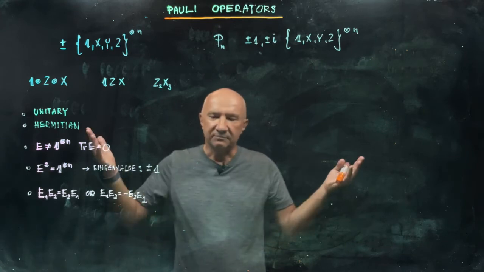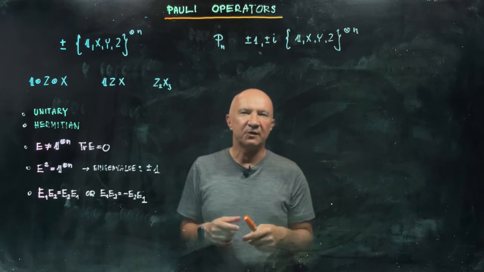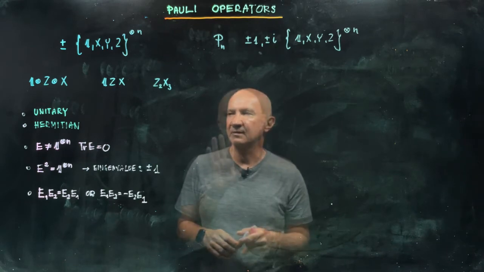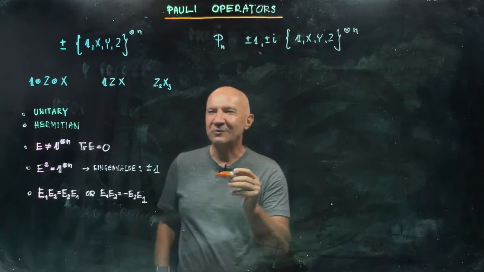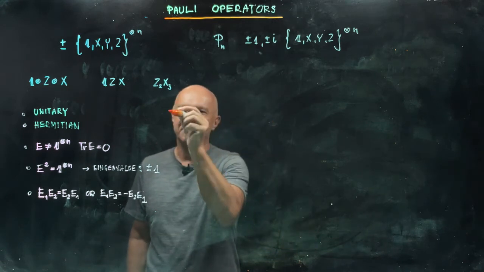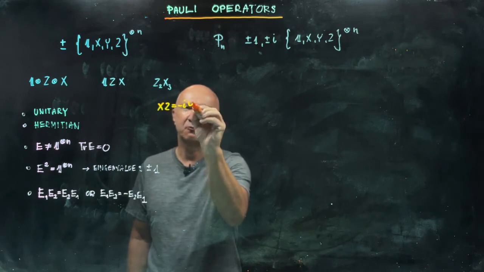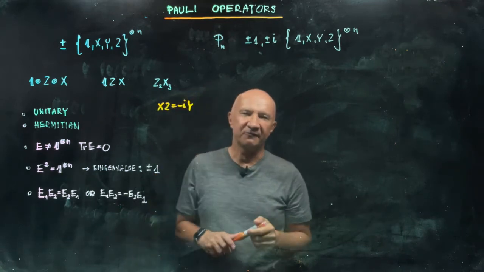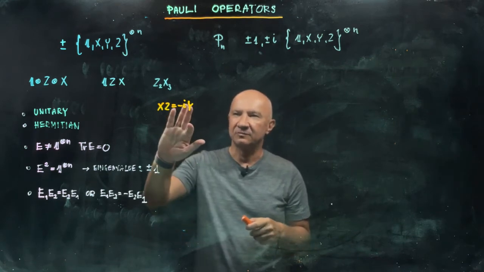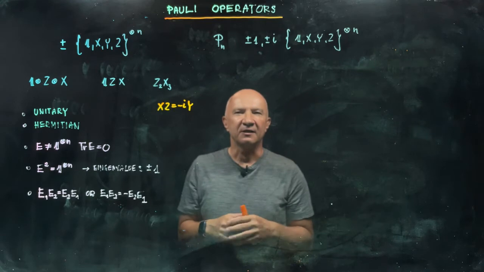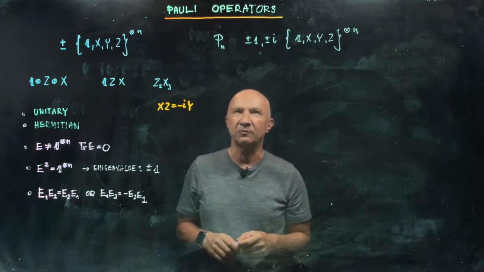So Pauli operators have a number of interesting mathematical properties. For example, we're not going to go into all details, but if you multiply 2 Pauli operators, you'll get almost another Pauli operator. I say almost because if you multiply, say, X and Z, you'll get minus i Y. So there's this phase factor that you have to take into account, plus i or minus i, if you want to have a closed algebraic structure when you multiply Pauli operators.